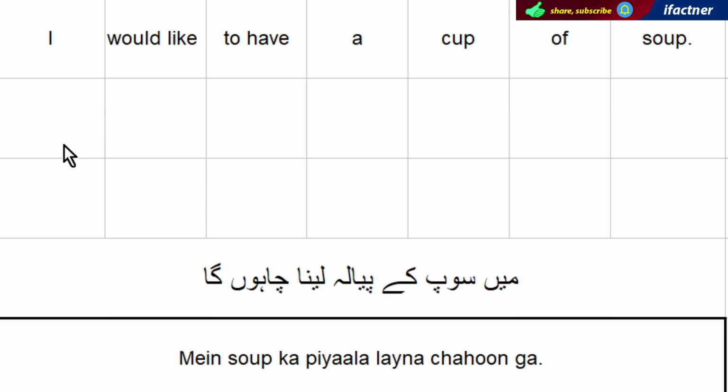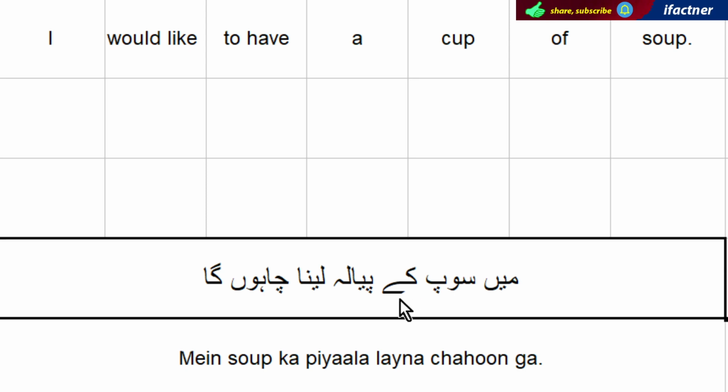Now, the next sentence is, the customer says, I would like to have a cup of soup. मैं सूप का प्याला लेना चाहूँगा. And if I'm a female, then I will say मैं सूप का प्याला लेना चाहूँगी.